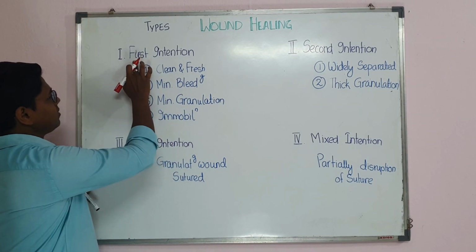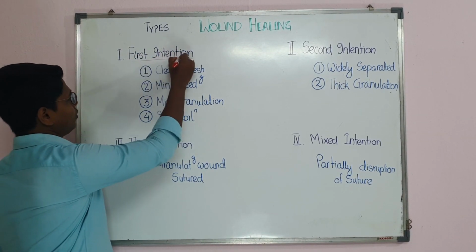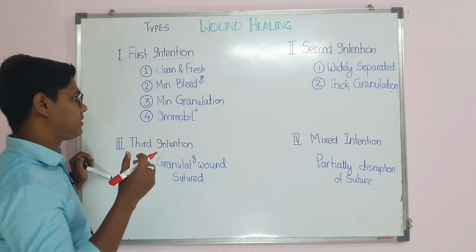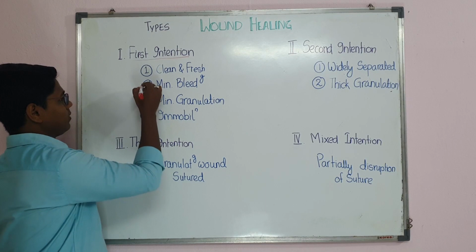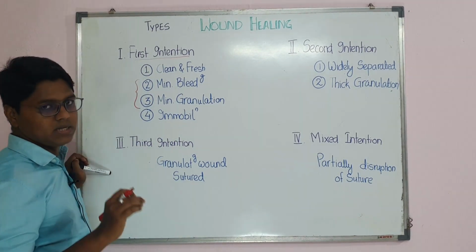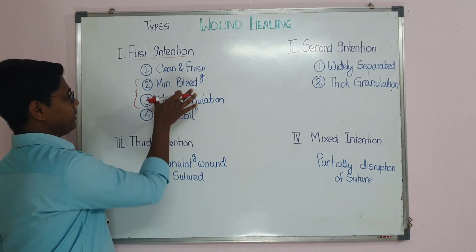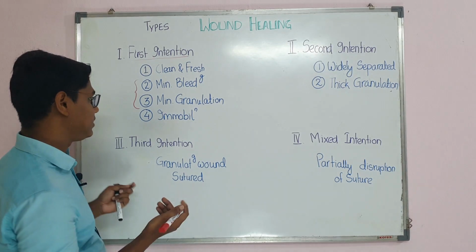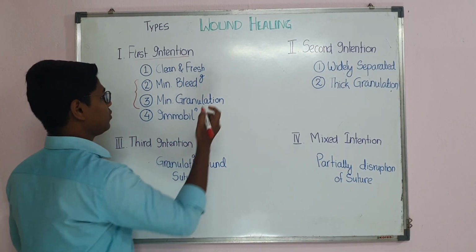First one is first intention wound healing. Remember, first intention wound healing is done when there is minimum bleeding and minimum granulation. The perfect example is a sutured wound.